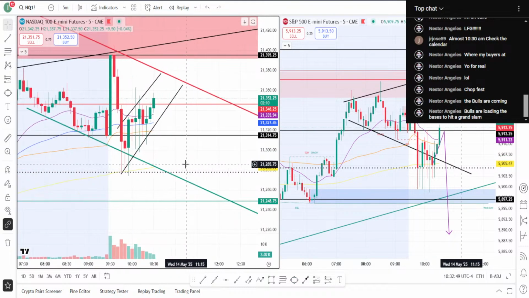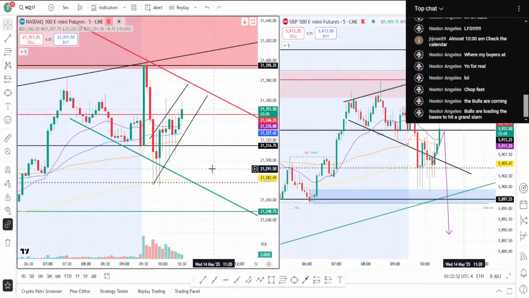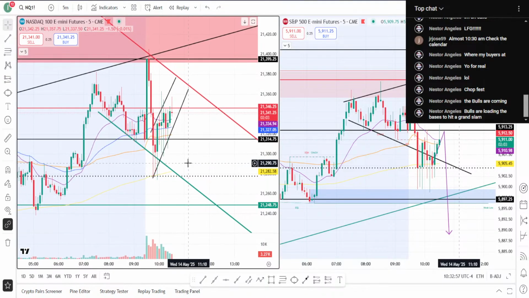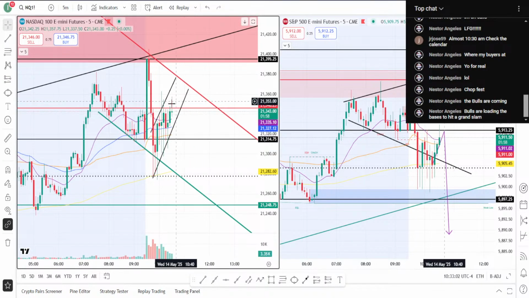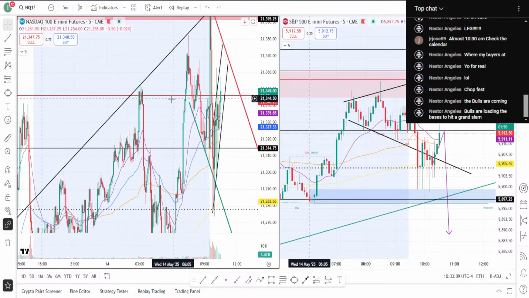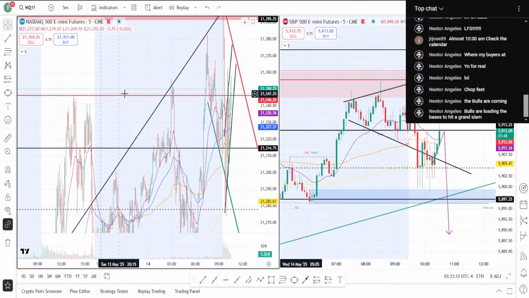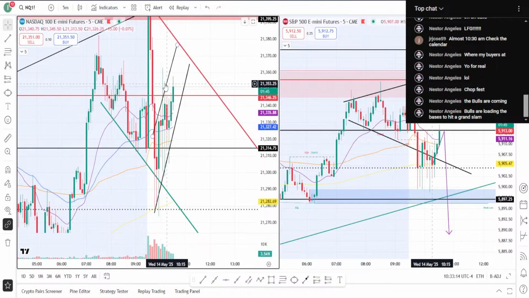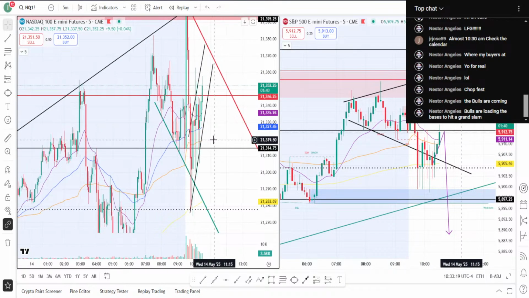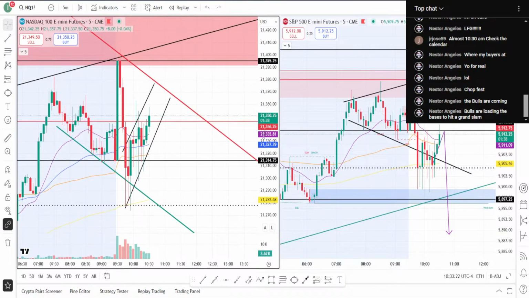If we get it, I'll keep an eye on it. Oh snap. Buyers need to close above this resistance here. This is yesterday's high. Market's gonna go up. They need to close and stay above it. Can't come back down.